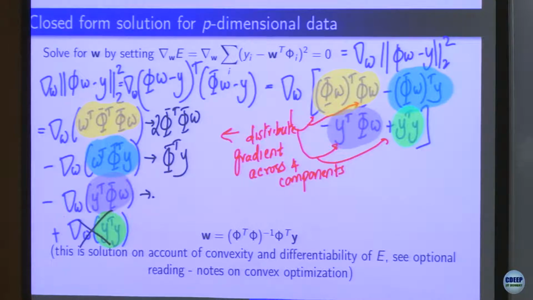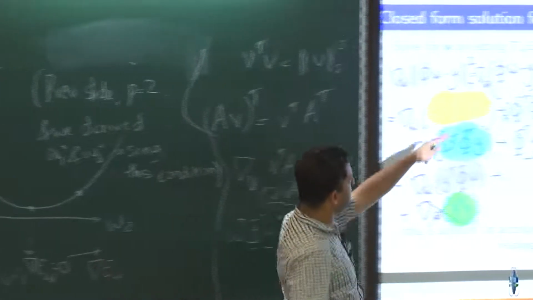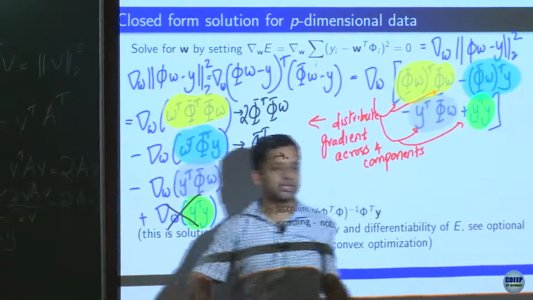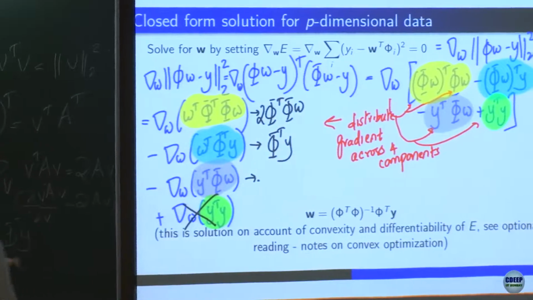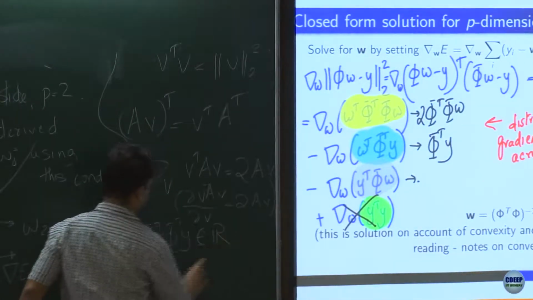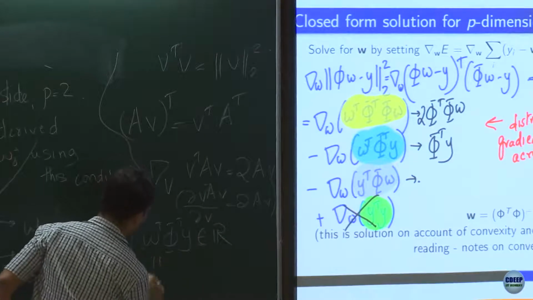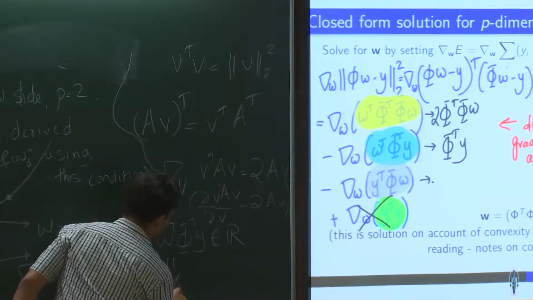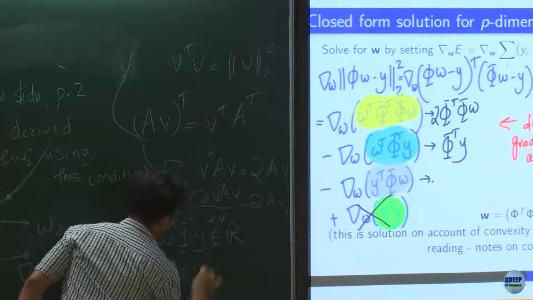The entire expression is a scalar. So w transpose phi transpose y, which is a scalar, will therefore equal its transpose.